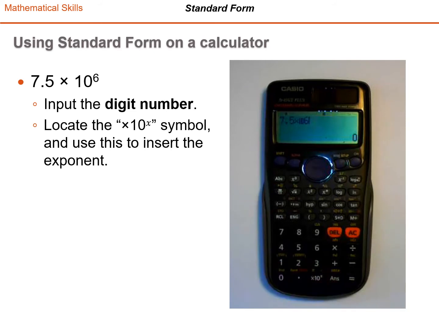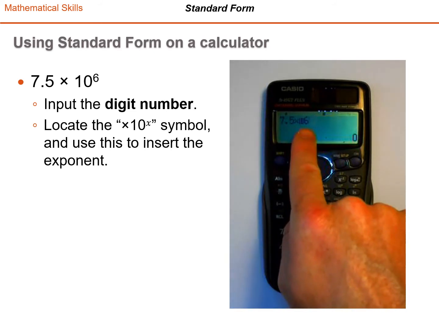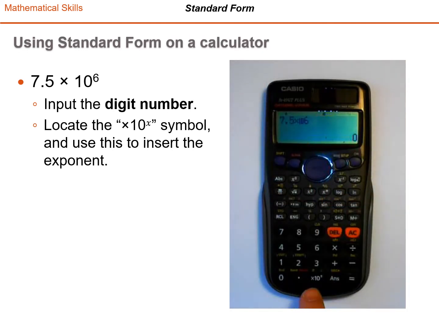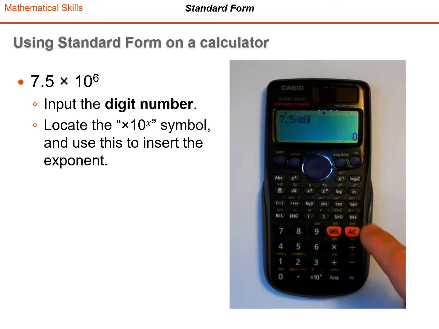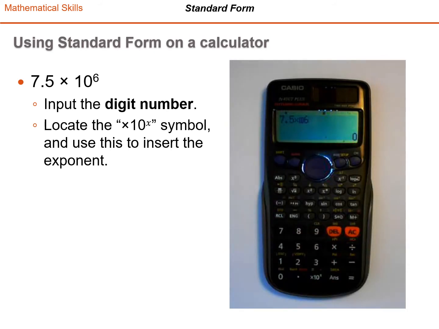What the calculator does is it interprets the 7.5, the digit number, and the 6, the exponent number, as a single number because we've got this times 10 to the power of x button. If we use a multiplied by symbol, and then we do shift and 10 to the power of whatever up here, it doesn't necessarily interpret it as a single number.